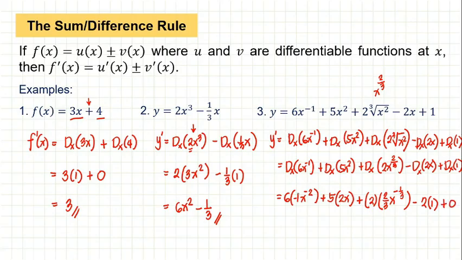Then simplifying, we will have negative 6x to the negative 2 plus 5 times 2 is 10x plus 2 times 2/3 is 4 over 3, x to the negative 1/3. Then 2 times 1 is negative 2. Ayan. So that will be our final answer.